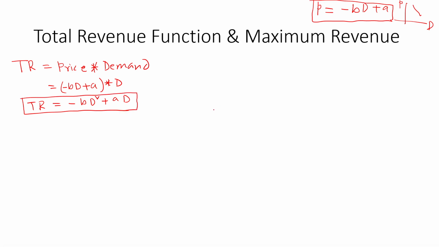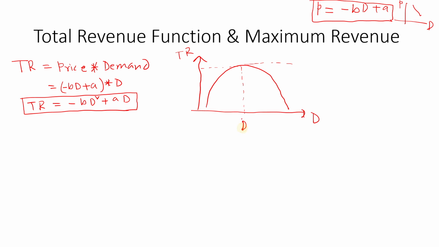So it's going to look something like this. On the y-axis here is the total revenue, and again the x-axis is the demand. Now if you want to find out the maximum revenue, as you can see right here, the revenue is maximum at this demand, say D hat.